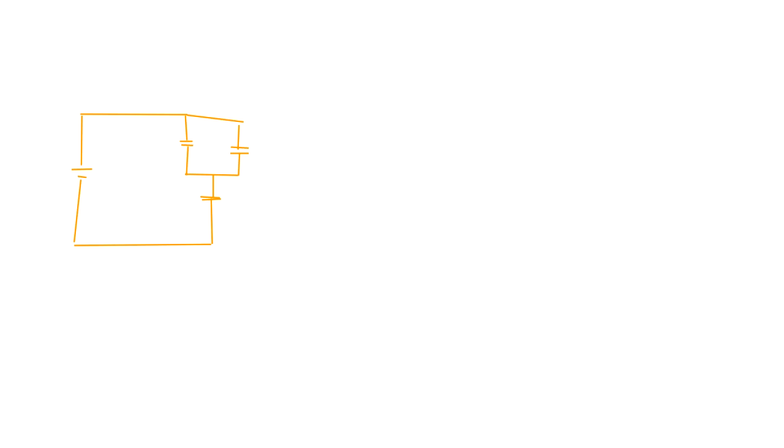So this is a battery. This is C1, C2, and C3. Now, I have some questions for you all. Which one of these capacitors are in series and which ones are in parallel?